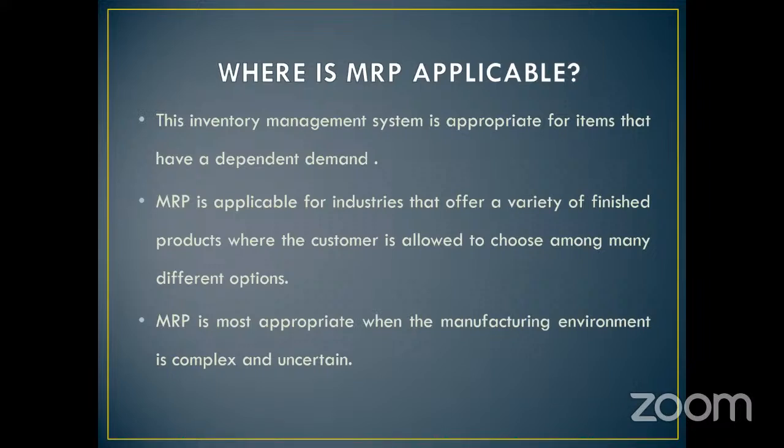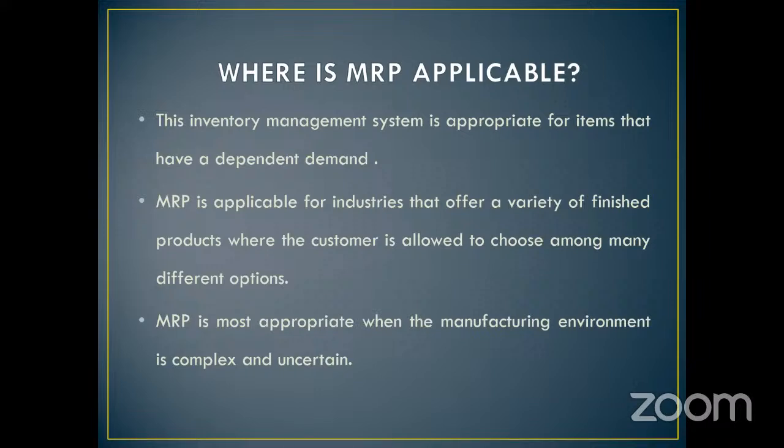Like, for example, your mobile phone, or take the case of any automobile sector, let's say Maruti. Maruti produces low segment cars like the Maruti 800. Or let's say inside the 800, there may be different varieties, like ZXi, BXi, LXi, and so on.